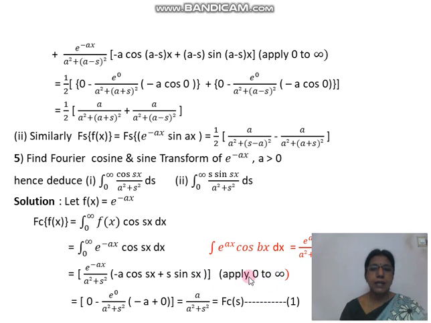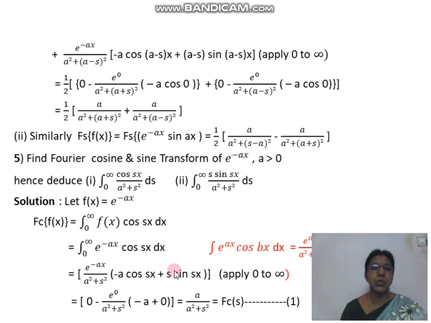Now we get the first limit, infinity. e power minus a into infinity means e power minus infinity, which is 0. Anything into 0 is 0. So for the upper limit infinity we get the first term 0. Next, apply 0. In place of x put 0. e power minus 0 means e power 0, by a square plus s square, minus a into cos 0 means 1, and minus a into 1 means minus a, plus s into sin 0.